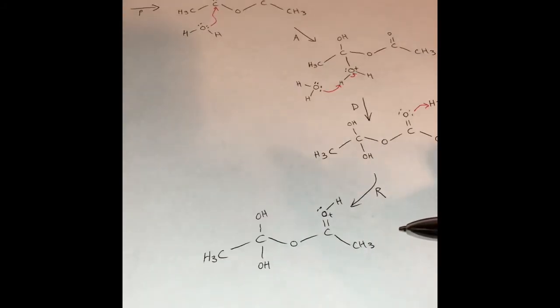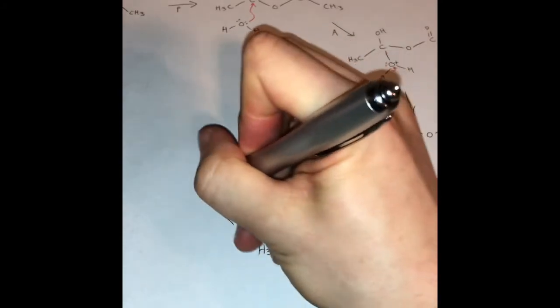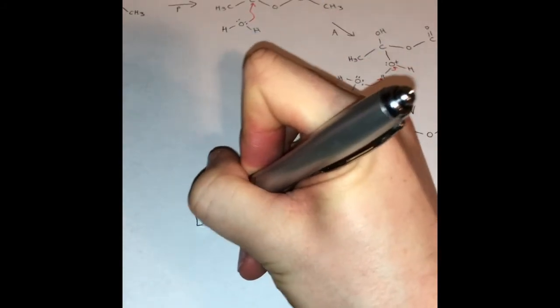Now our final step, once we have this structure, is to do an elimination. And we'll call it an E2 elimination.